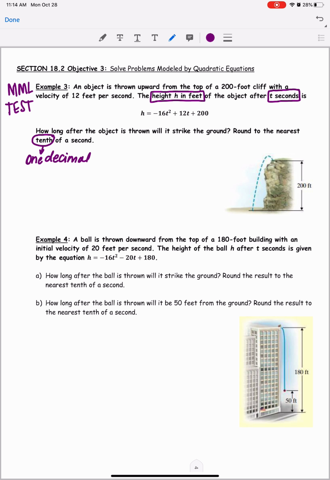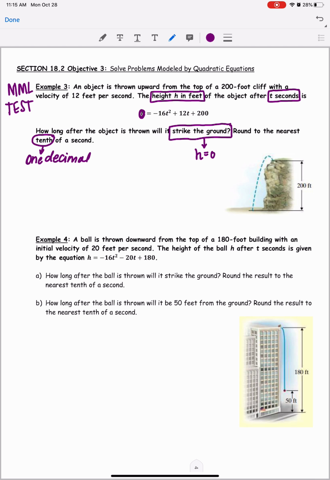Are you 1 foot off the ground currently right now? No, you're on the ground, so you are 0 feet from the ground. So when it asks something like, when will it hit the ground? When will it strike the ground? Something to that effect, they are telling you that your height is 0. So when my height is 0, I am plugging in a 0 for my h.